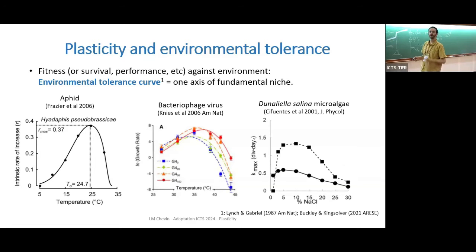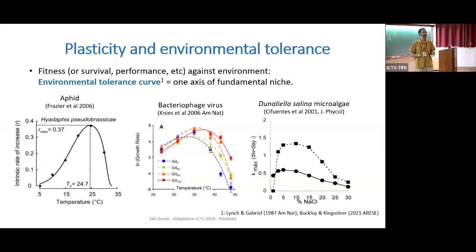What's the difference between an environmental tolerance curve and a performance curve? Reaction norm? I mean, reaction norm is a very generic term. It's just how phenotype changes with the environment. So you can apply the reaction norm to a trait, and then usually you would call that plasticity. For fitness, I wouldn't call that plasticity, for various reasons.